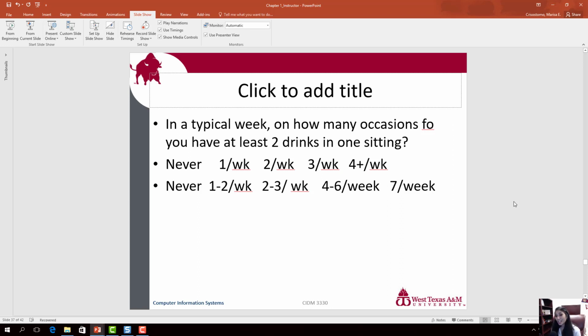However, if I were to give a different set of options, so never, 1 to 2 times a week, 2 to 3, 4 to 6, or 7 times a week, we're likely going to see more people pick 4 to 6 per week than we did in the prior options, because 4 to 6 is now not an extreme option, so they're more likely to choose it. So again, how you word your questions can really impact your results.